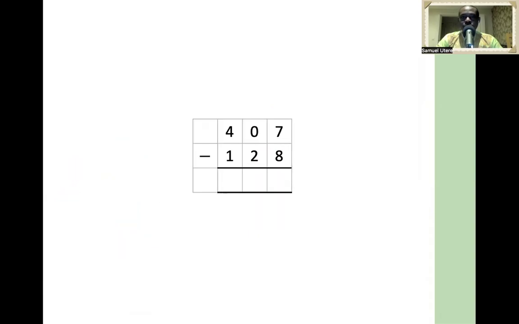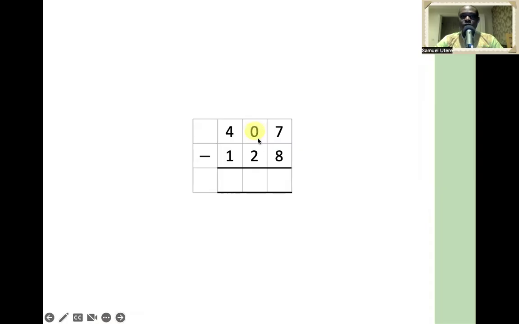This one. If we want to subtract, how do we go about this, thinking about the place value we just discussed? I'm sure you have thought about it, and we're going to use exactly the same approach. We have a little challenge here.